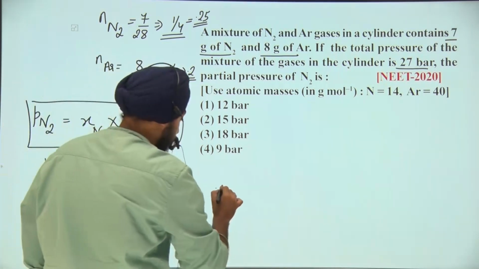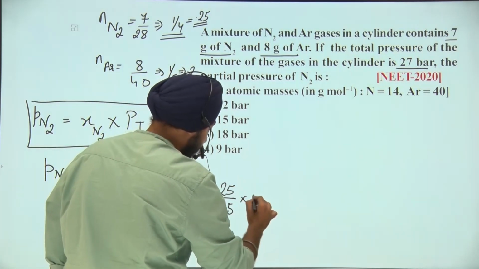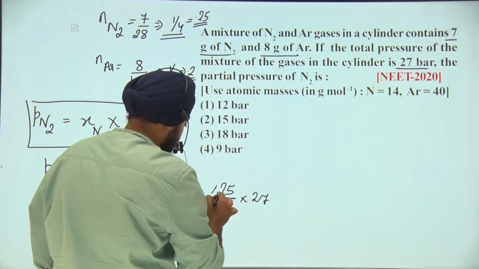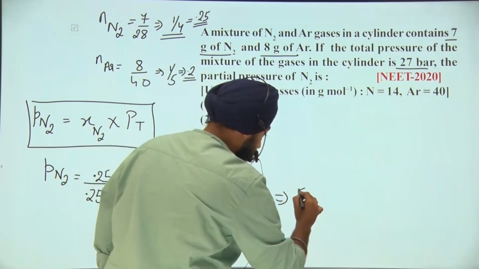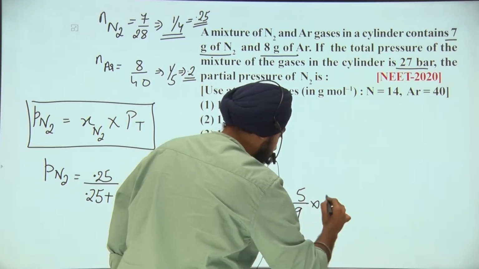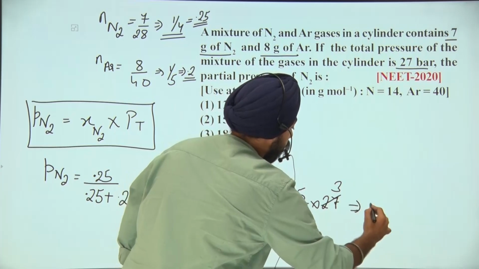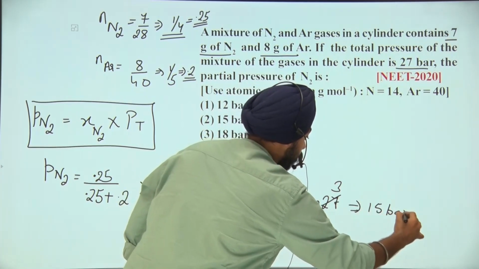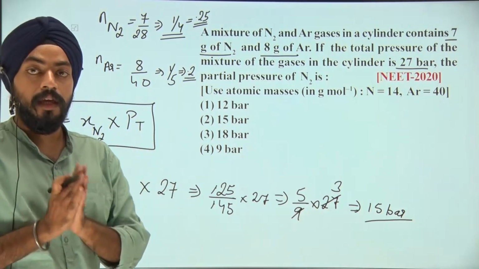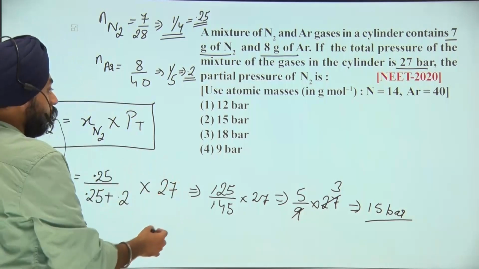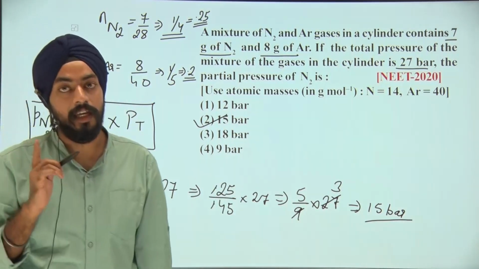So this equals 0.25 divided by 0.45 times 27. Removing the decimal point, after solving this comes out to be 5 by 9 into 27, which equals 5 threes, that is 15. So the correct partial pressure of nitrogen in this mixture will be 15 bar. Clear? So the correct answer is number 2, that is 15 bar.